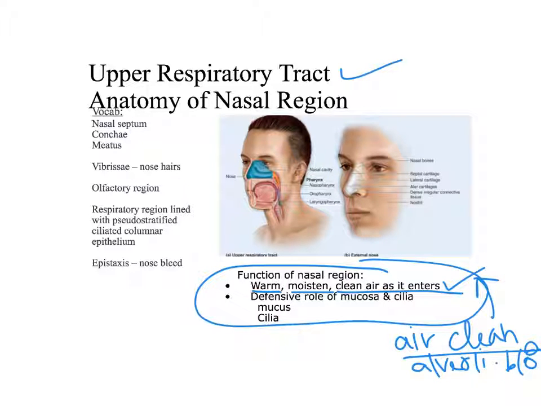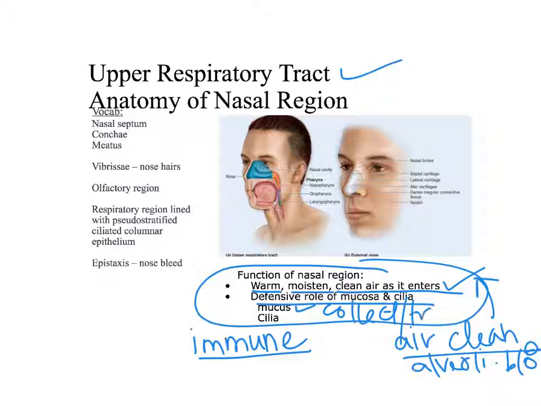So it's a defensive role. It's part of your immune system. It's going to collect or trap any particles that get in, and then the cilia will sweep the particles out.